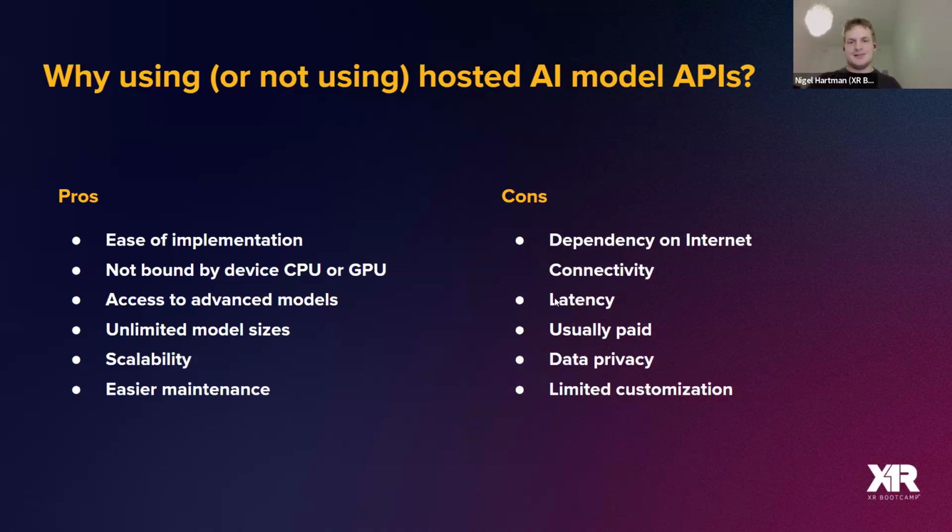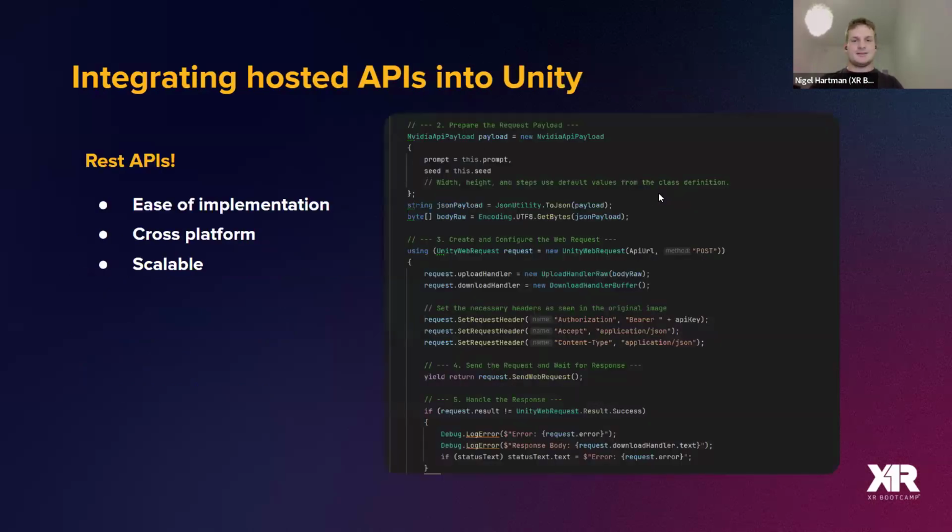The cons could be that it's dependent on internet connection and how fast your internet is, for example. These APIs usually are paid, and you also can't customize it, or maybe you don't want to send your data because you want to keep it private. But let's see what we can build with that.